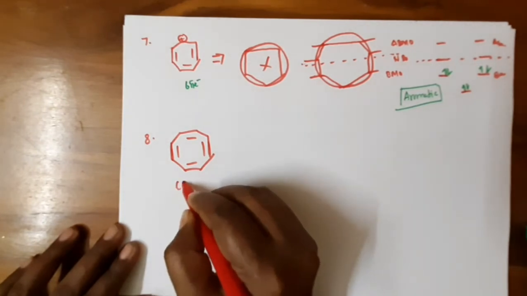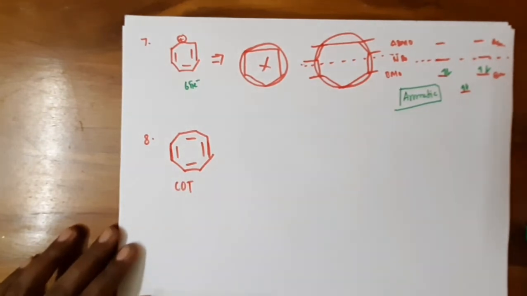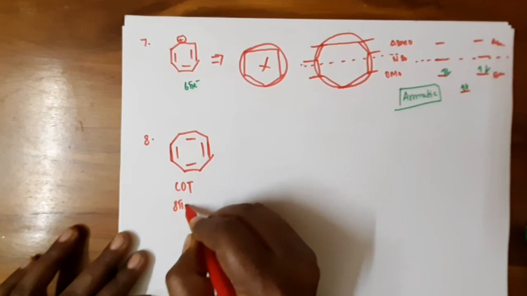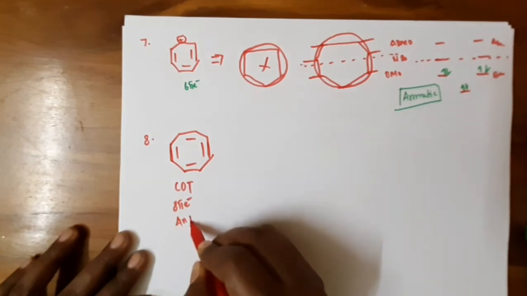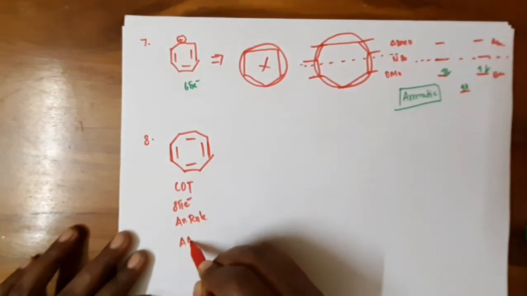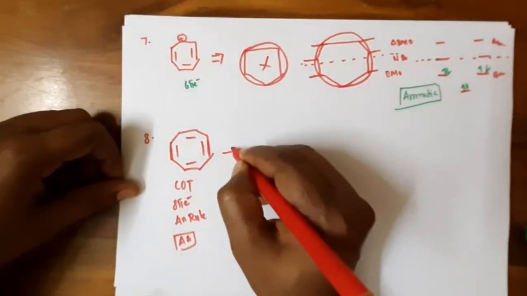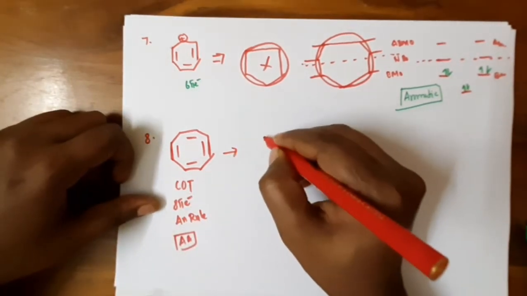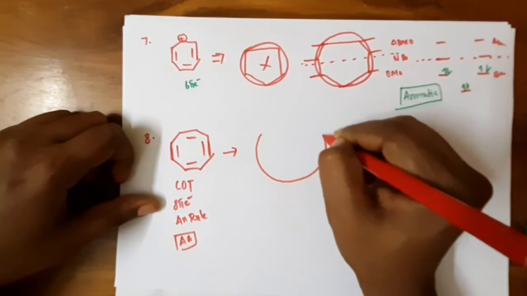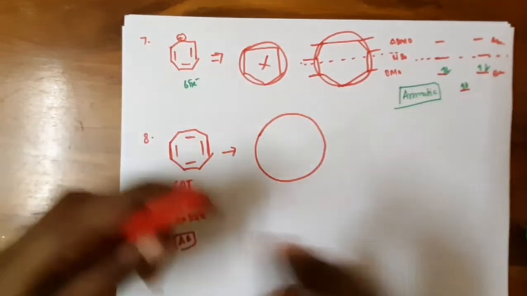This is cyclooctatetraene, COT. So it has 8 pi electrons and it obeys the 4n rule. Hence it is anti-aromatic. Let's draw the Frost circle. Draw the circle.